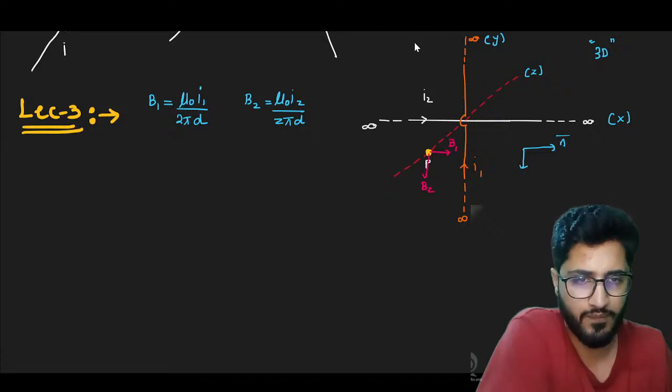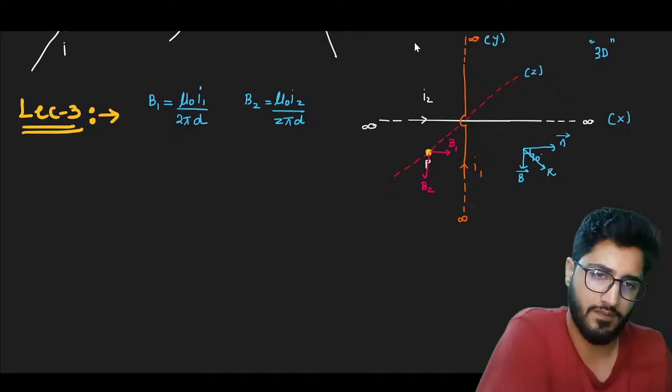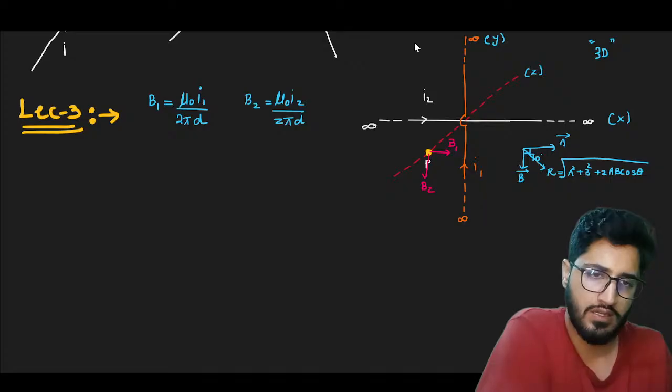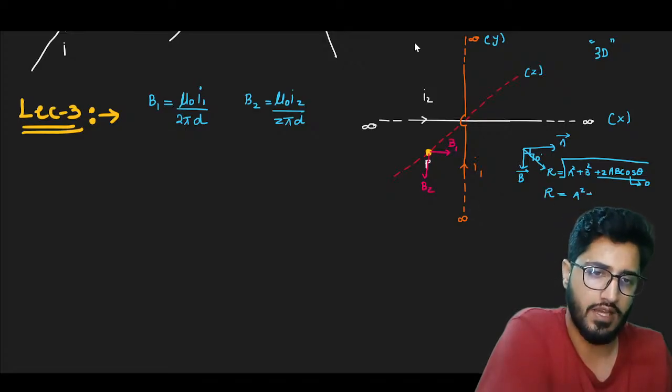Vector A and vector B are both at 90 degrees. To get the resultant, it is the square root of A square plus B square plus twice A B cos theta. Theta is 90, so cos 90 is 0 and this term becomes 0. So my resultant would be only the square root of A square plus B square.